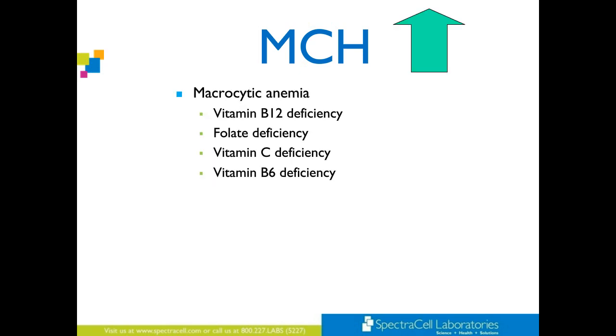An increased MCH, of course, the cell is macrocytic. It's going to have more hemoglobin typically if the person has adequate amounts of the nutrients that make hemoglobin. That would be your zinc and your iron and your B6 and your protein. But you can see, once again, there's some crossover there. So a person has a low B6, which is very important for the first step of heme.